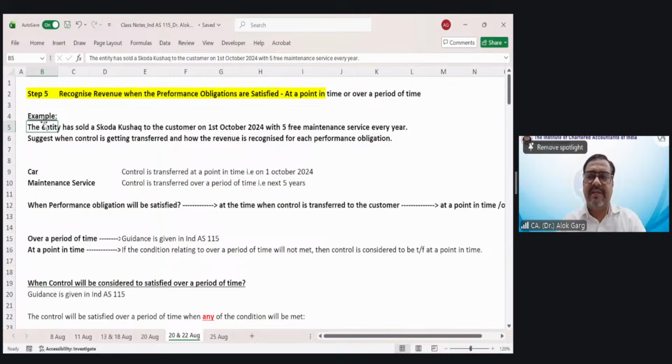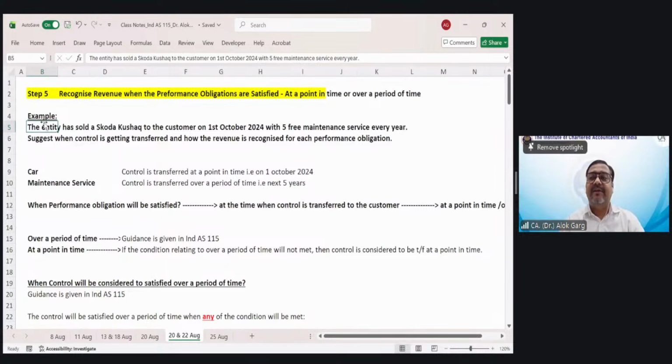Revenue needs to be recognized, which is the last step of the 5-step model, when the performance obligation is satisfied, that is, when control is transferred. And control can be transferred in two manners: at a point in time, or over a period of time.